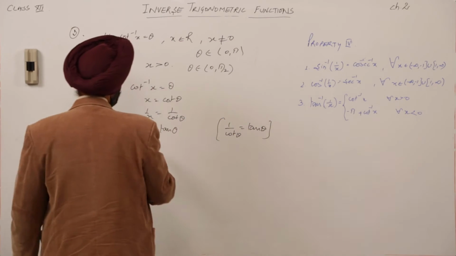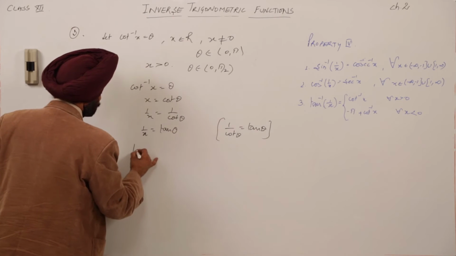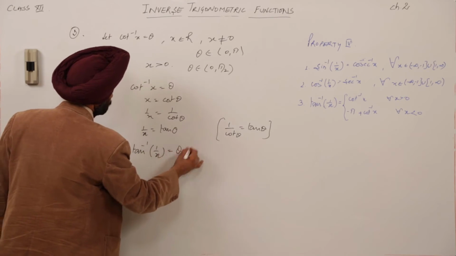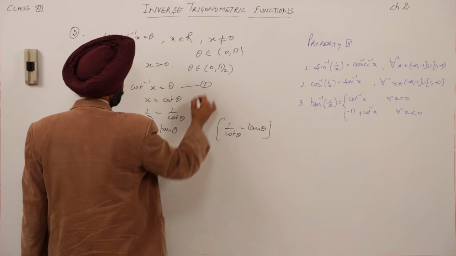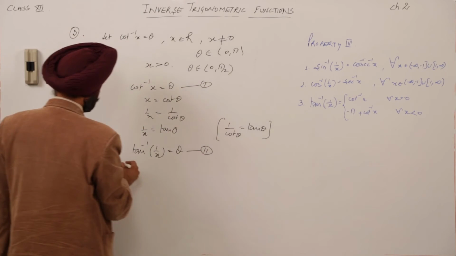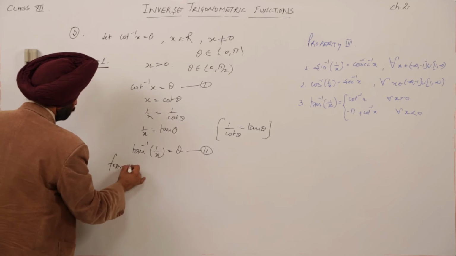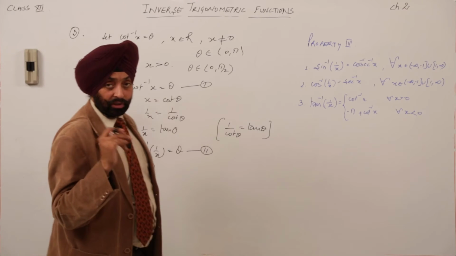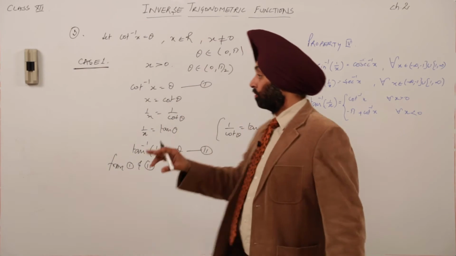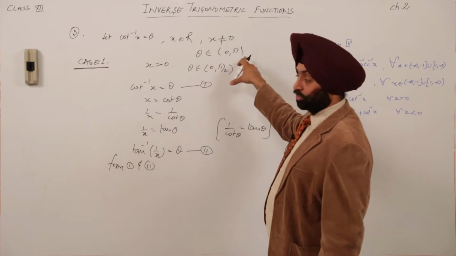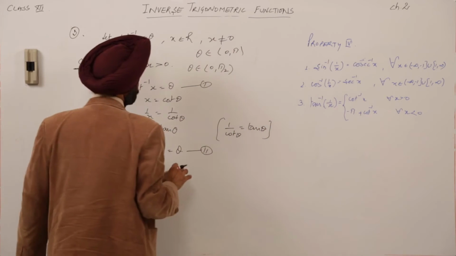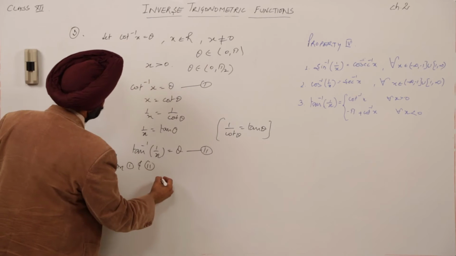So 1 upon x is equal to tan theta, and tan inverse 1 by x is equal to theta. Now again from 1 and from 2, what do we get? And remember one thing, what was case 1? When x is greater than 0 and theta lies between 0 and pi by 2. This was case 1. Now from 1 and 2, what do we get?